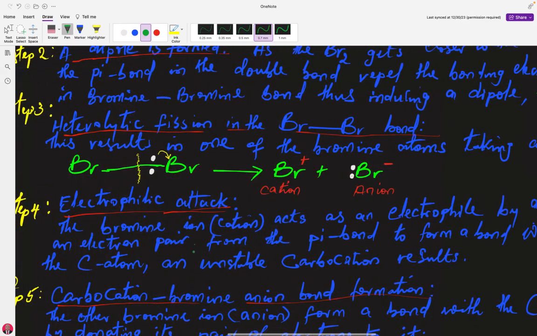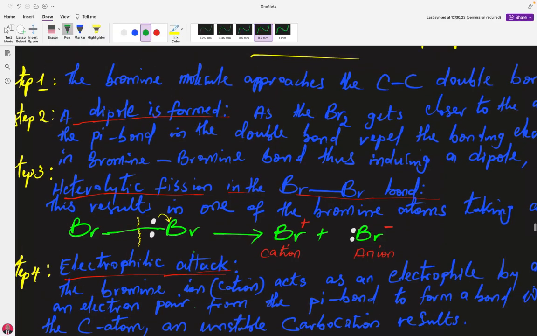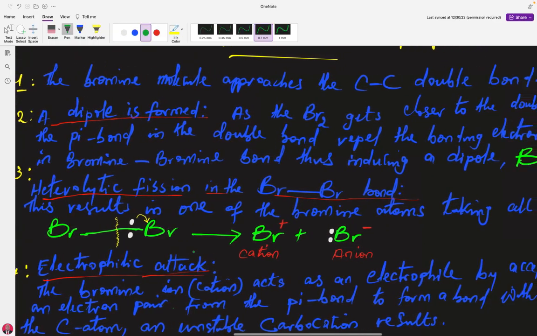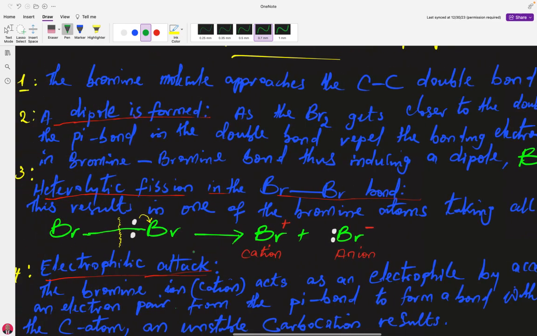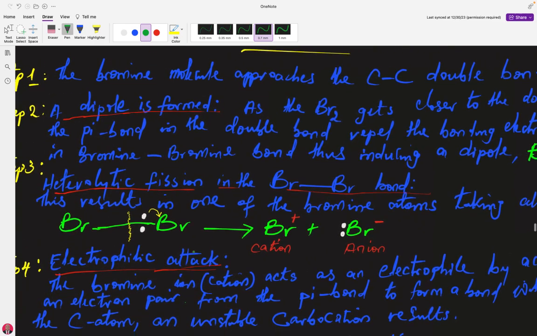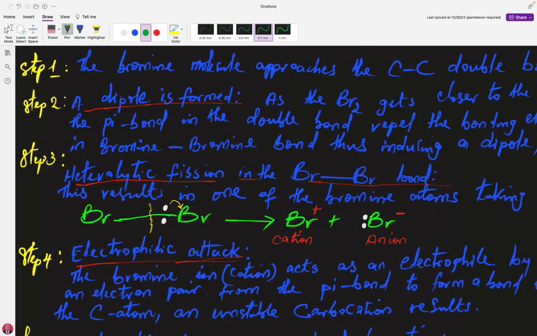You could be given the molecules and asked to write the steps. Or the examiners are very tricky: they could write the mechanism down and omit certain steps for you. If you understand how the mechanism goes, you could easily fill those spaces.